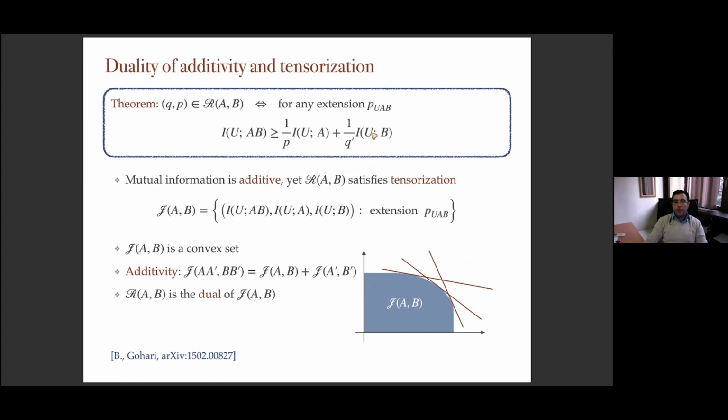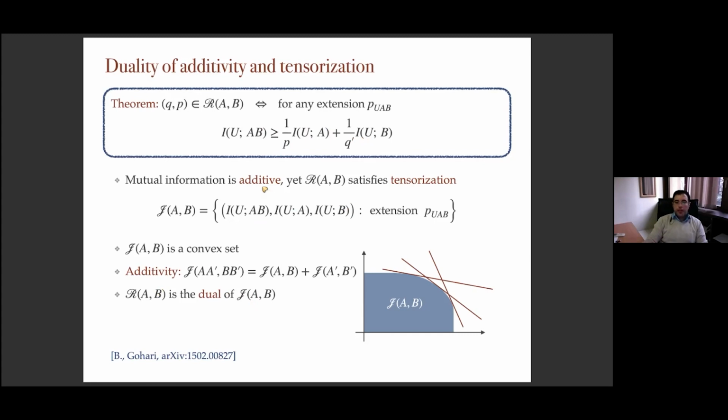So this inequality essentially describes one of these hyperplanes. And it says that the R set is the dual of the J set. If I start with a point here, and I'm interested in inequalities of this form, inequalities of this form are the hyperplanes, which describe a point in the dual picture. So that's why this J set is the dual of the R set.